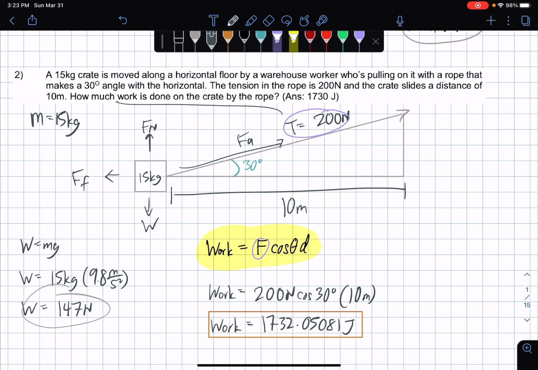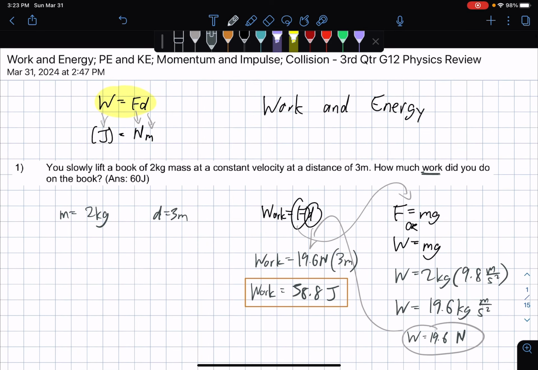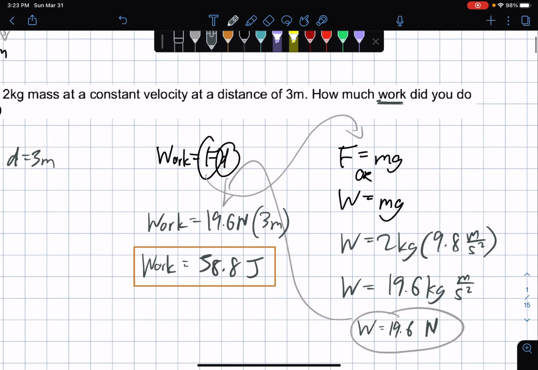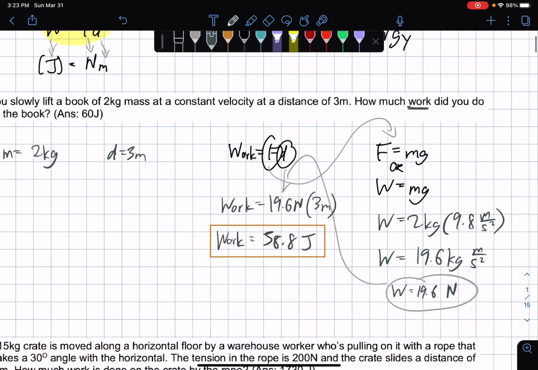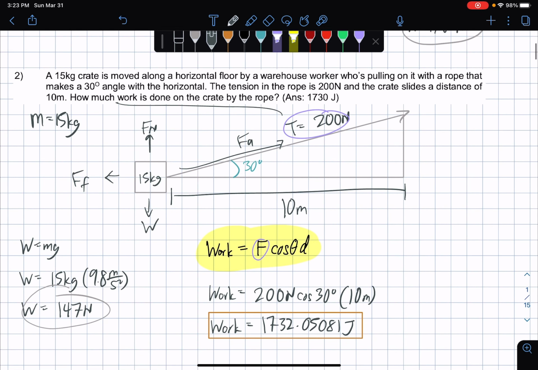What else do we have? I'm still thinking why the F in this formula is not the same as the weight here. It was initially stated by me that work and force are basically the same. But why is it that here they're different?